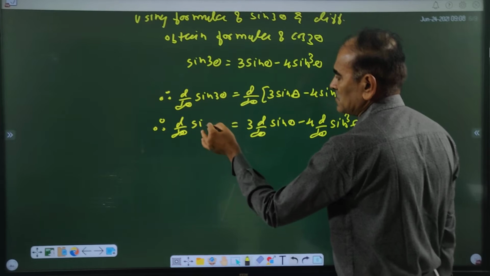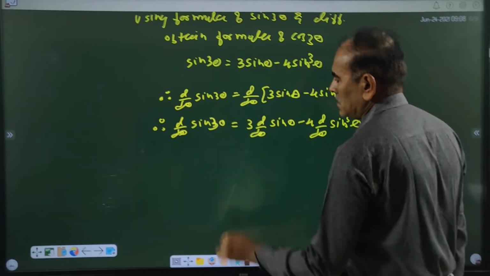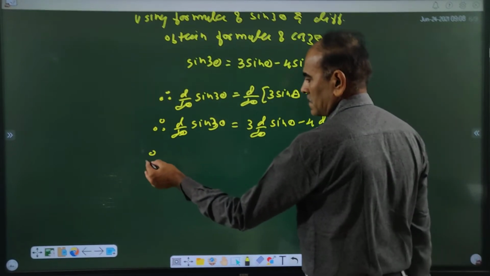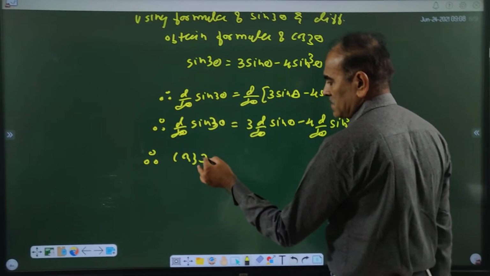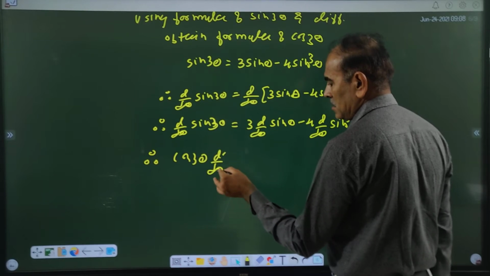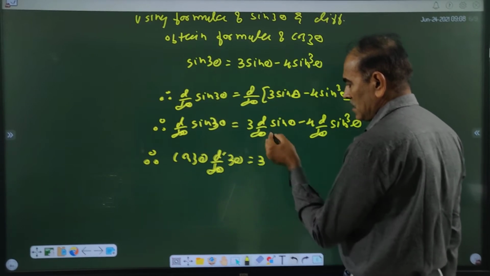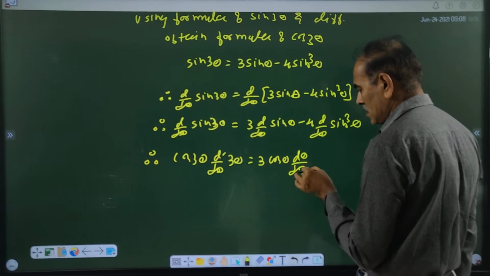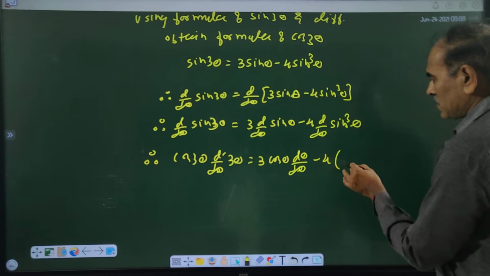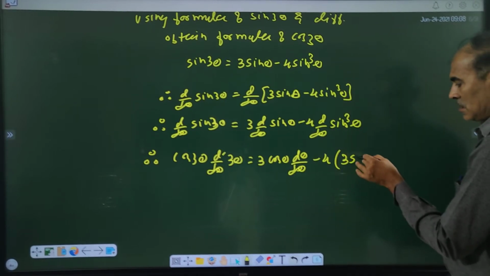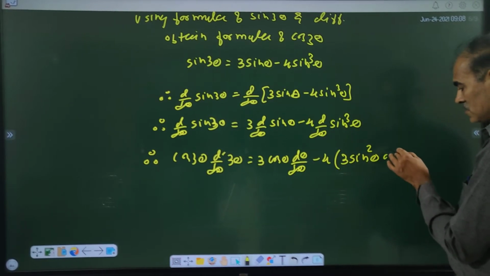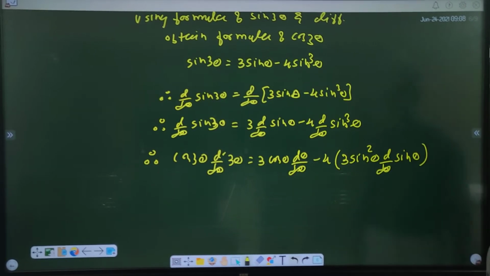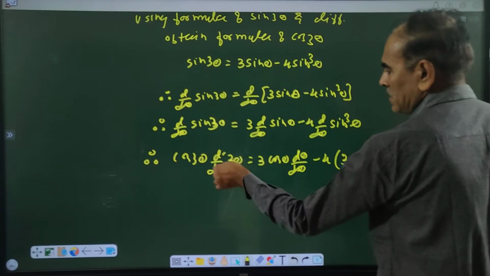What is the formula for the derivative of sin of some function? Cos of the function, times d by d theta of the function. 3 sin theta gives 3 cos theta. Minus 4 as it is, function cube gives 3 times function square, times d by d theta of the function. What is the derivative of 3 theta?